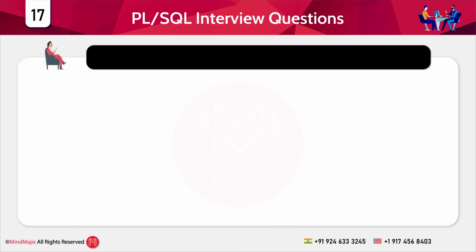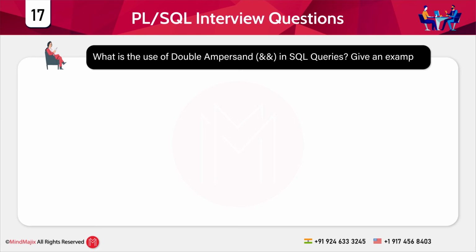The next question is, what is the use of double ampersand in SQL queries, and give an example? Basically, the use of double ampersand is if you want to reuse the variable value without prompting the user each time. For example, if you write a query like select employee number, employee name, and double ampersand column name from the employee, order by column name.